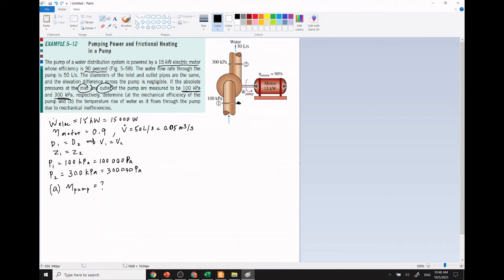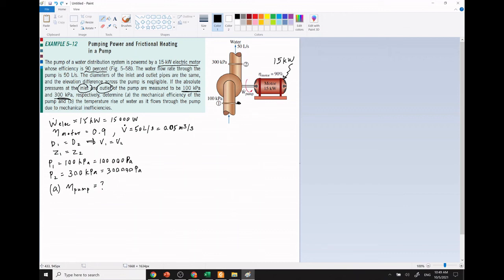So this motor takes in some electricity, which is 15 kilowatt, and then converts it to shaft work, and from the shaft work it converts the energy to give it to the water, so the water will absorb the energy from the pump. 90% of the 15 kilowatt is converted to shaft work, and some portion of the energy is given to the water. So we need to find the efficiency of that conversion. That's why we need to find the efficiency of the pump.